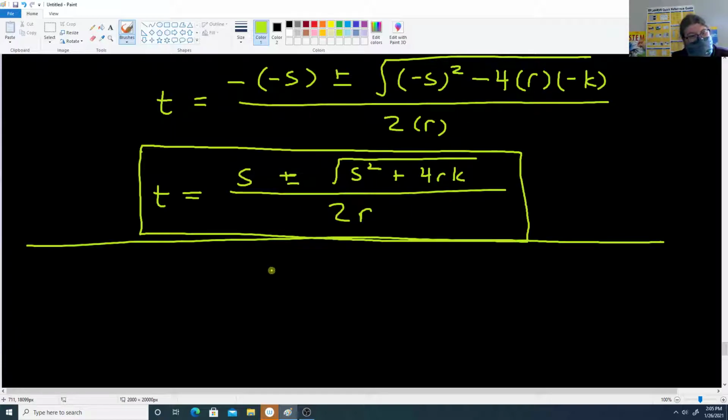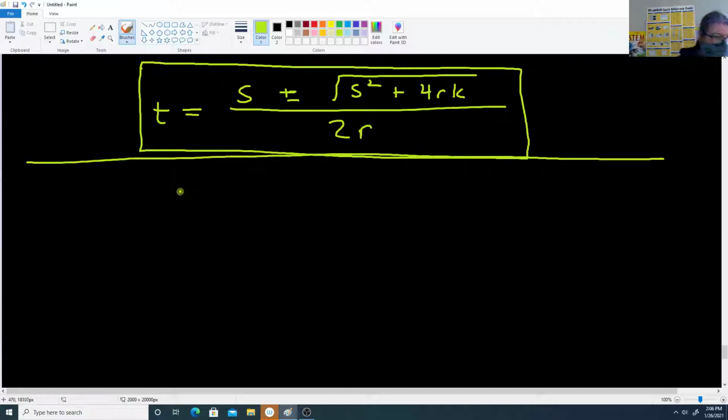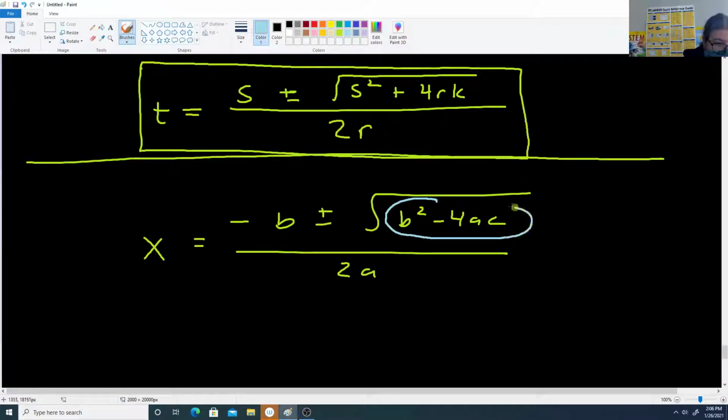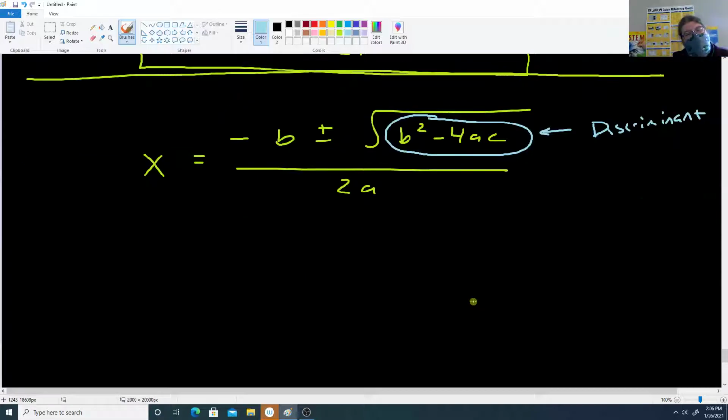So the final bit that we're going to do here is based off something called the discriminant, which is the part under the square root from the quadratic formula. So if we look at this, this is the discriminant. We're able to classify solutions based on this discriminant.